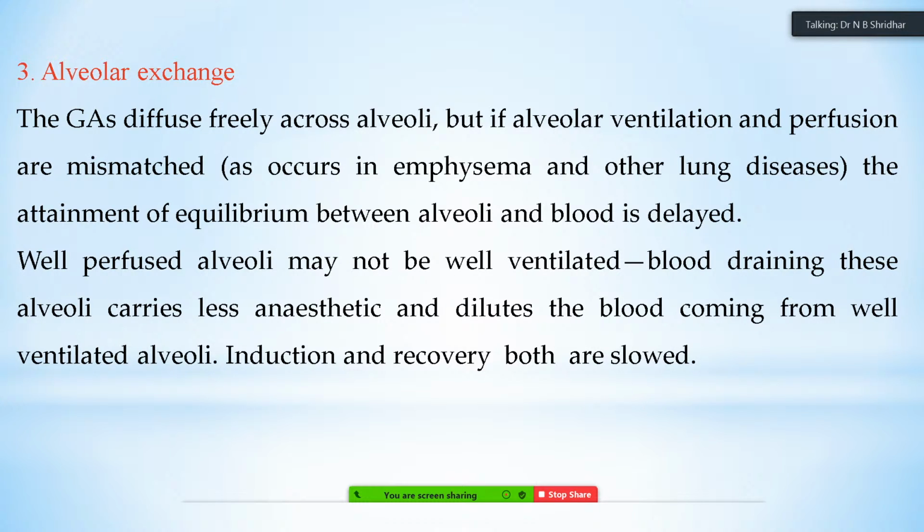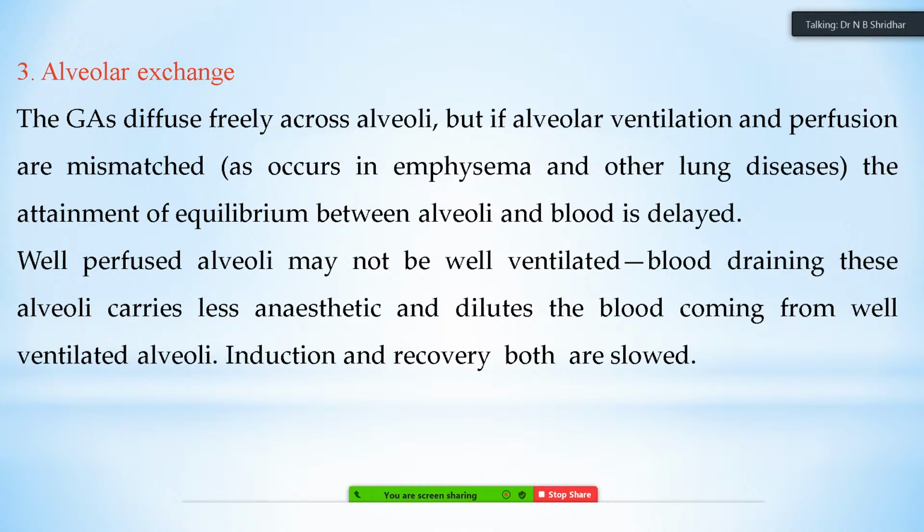In any disease of the lungs, the absorption of a particular anesthetic agent from the alveoli will be delayed. The well perfused alveoli may not be well ventilated, so the blood draining from these alveoli carries less anesthetic and dilutes the blood coming from well ventilated alveoli.